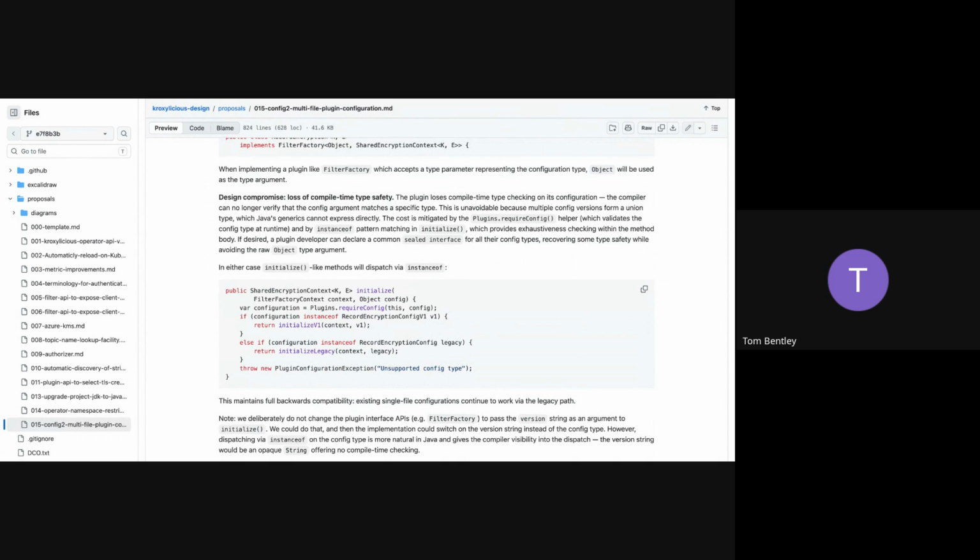You've got to weigh it in the balance, but we have had people who, for example, have struggled to figure out how to write the config file, and there's no editor support for that, for example.